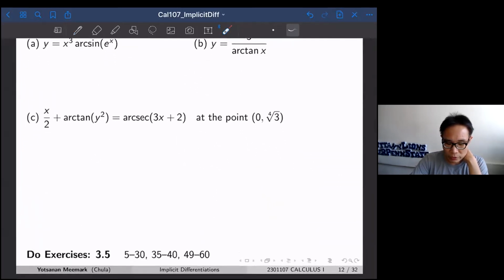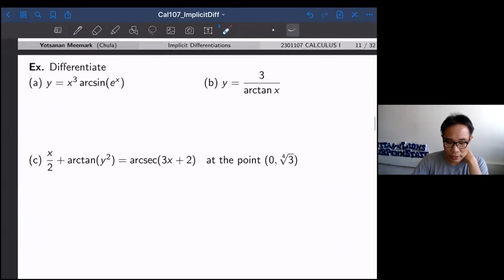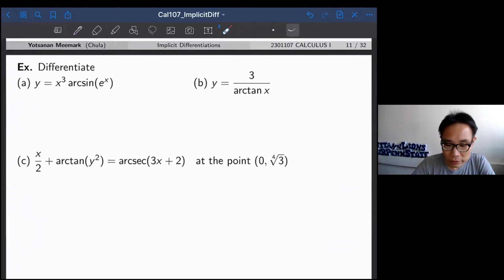Let's try to differentiate this one. You have y equals x cubed times arcsin of e to the x. You just use the product rule.